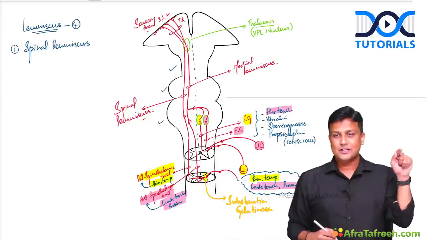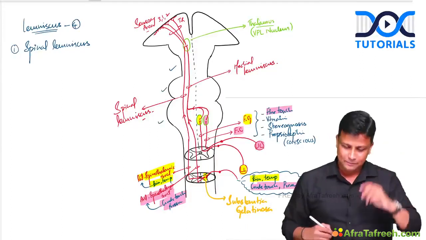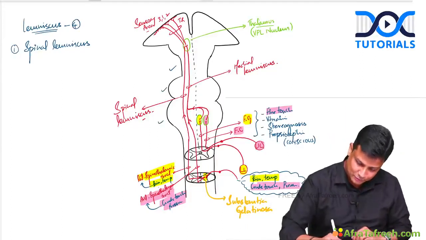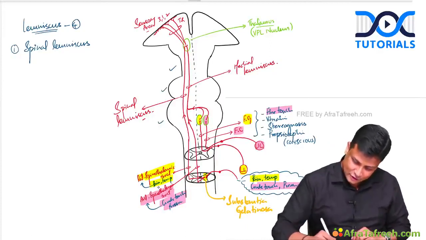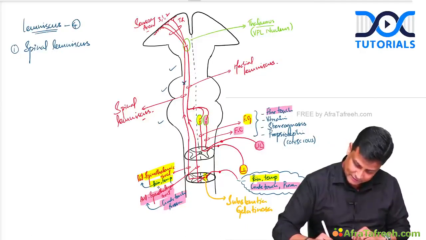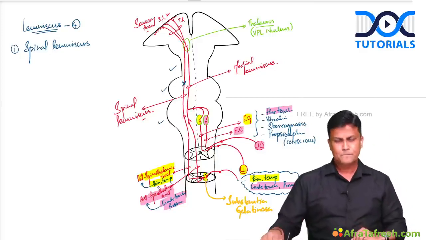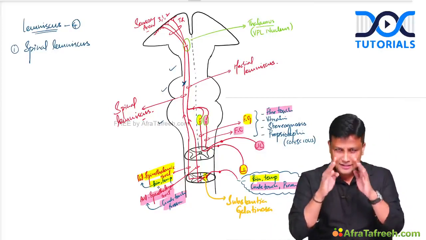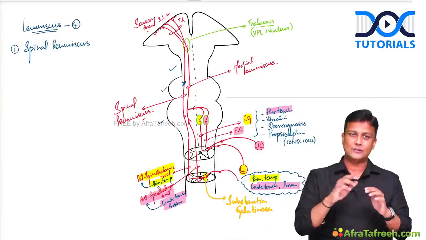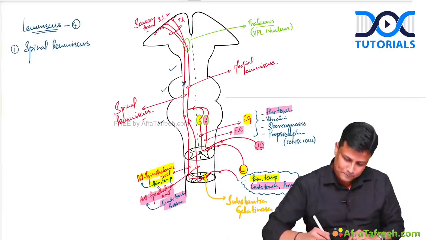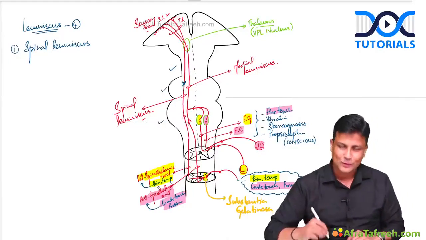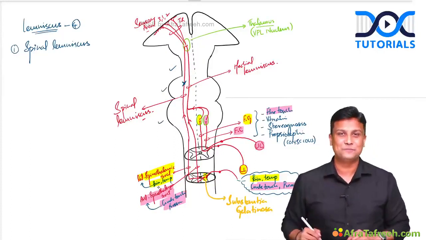For example, just imagine there is an injury to this spinal lemniscus, guys. Spinal lemniscus is actually the continuation of the lateral spinothalamic tract, and the lateral spinothalamic tract carries pain and temperature.